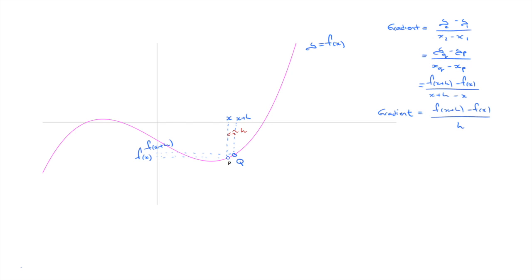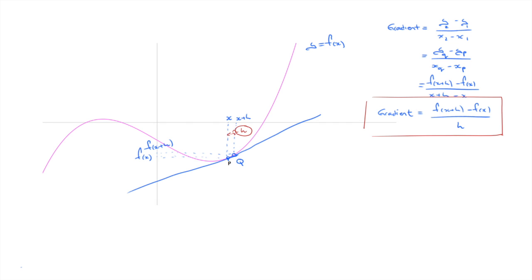Now, if we draw the line passing through the points P and Q, we can see that we're definitely getting closer and closer to the tangent to the curve. This is a good approximation. And again, its gradient would still be given by this formula, f of x plus h minus f of x over h. The only difference here, with what we had before, is that we've made this horizontal distance, h, smaller.